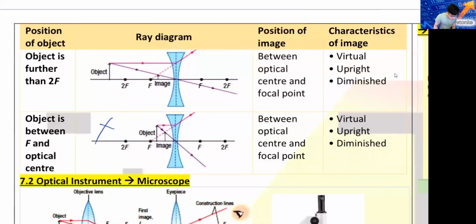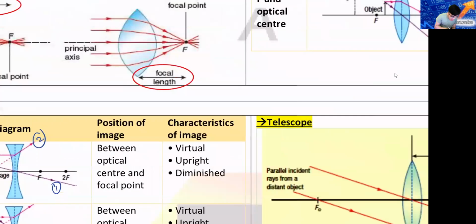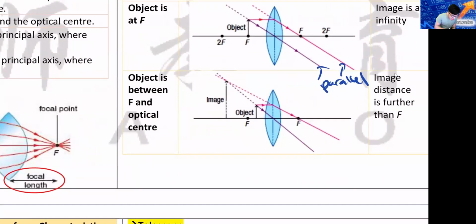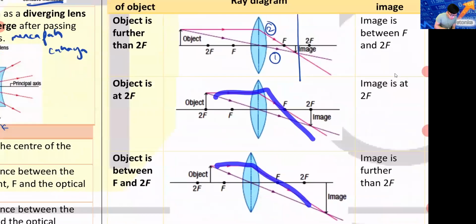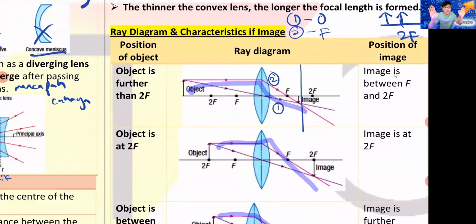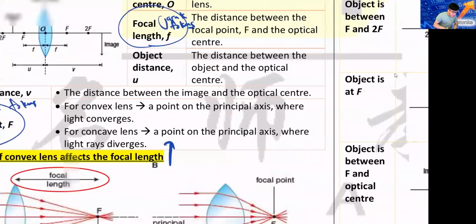So how do you draw this? Same thing. There are two lines here. First line is the purple line, second line is the pink line. First line goes through O, same thing. But second line, there's a little bit of difference. Just now, this was the convex lens, kanta cembung, which bends light down to focus light onto one point.